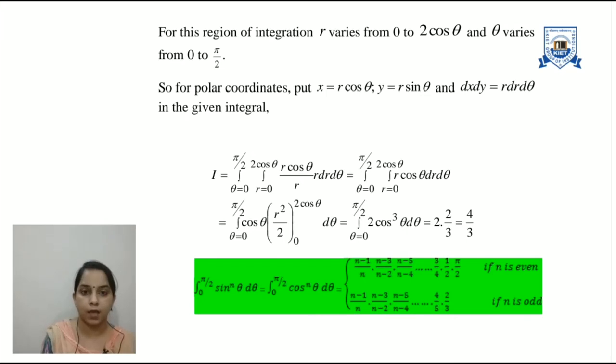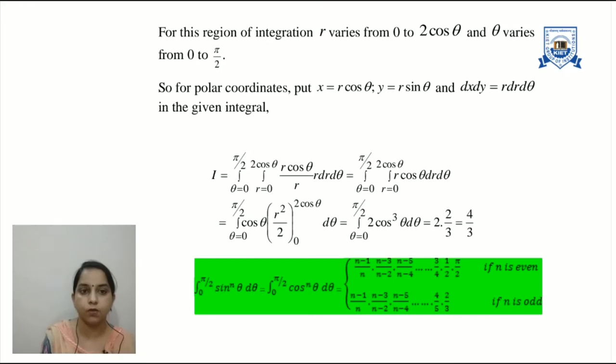First, as I have described, we integrate with respect to the variable limit, and that is r. On integrating with respect to r, we have r square by 2, and putting lower and upper limits, we get a function of theta, that is 2 cos cube theta d theta under the limits of integration theta equals 0 to pi by 2. And finally, we get the resultant integration as 4 by 3.